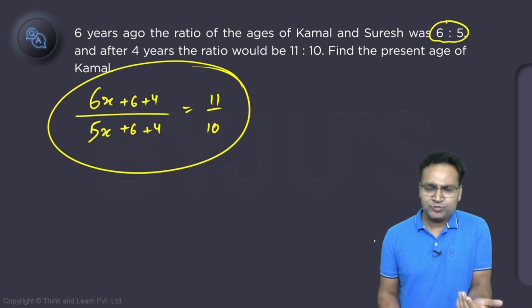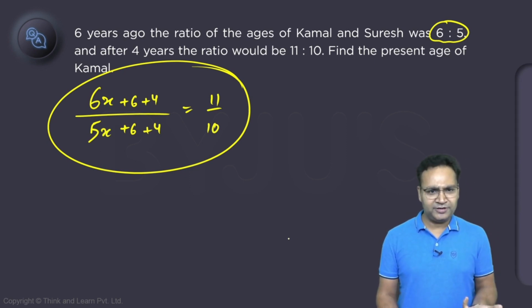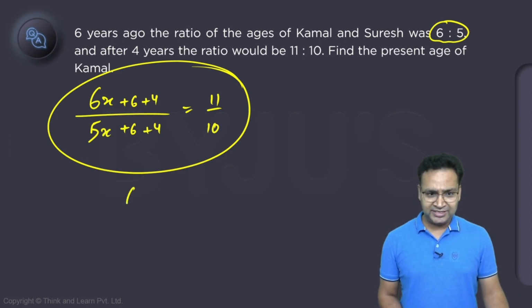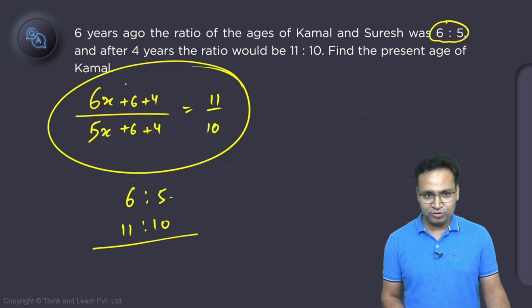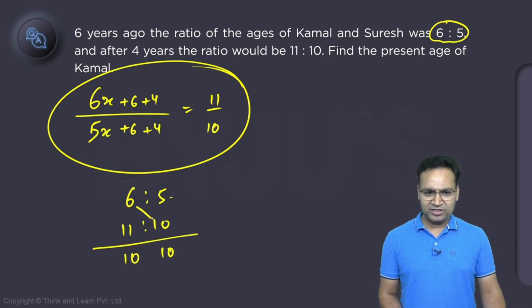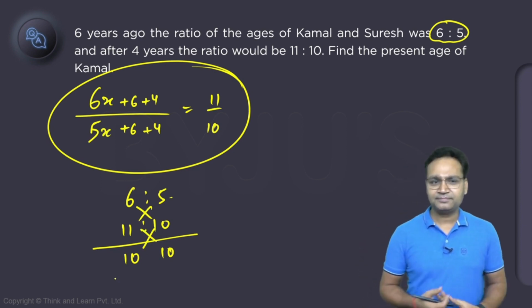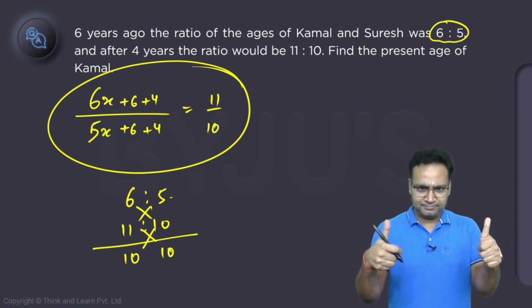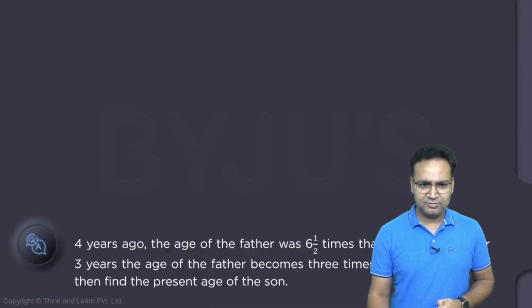You need to use pen and paper, no doubt, but you can do it. Or you can use the double cross method. You can say 6, 5 were the ages, 11, 10 were the ages ratio, minus 6 plus 4, time difference is 10, 10. Use a double cross. You remember? Yes. Going forward.